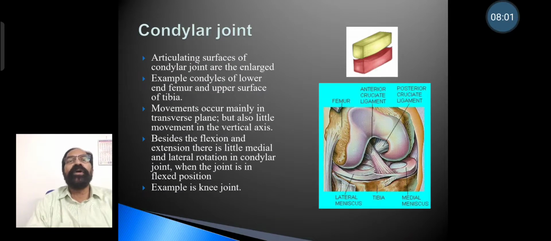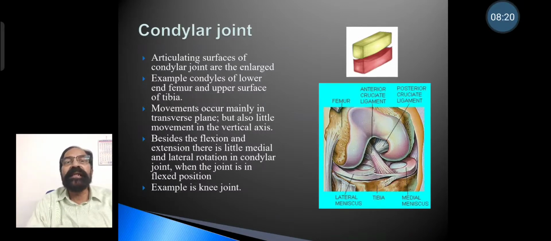Then we go to another joint, that is the condylar joint. Articulating surfaces of a condylar joint are enlarged, for example the condyles of the lower end of femur and the upper surface of tibia.